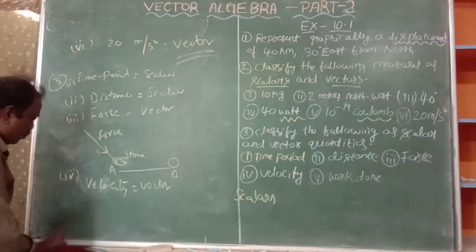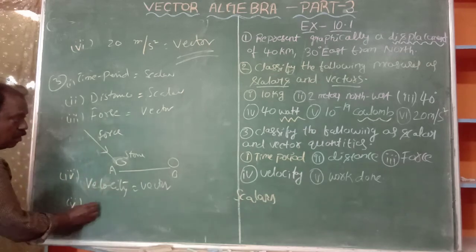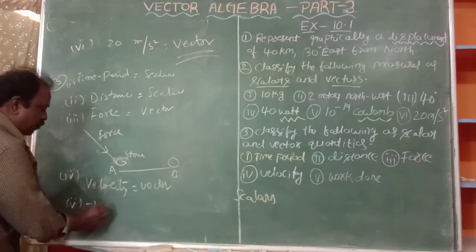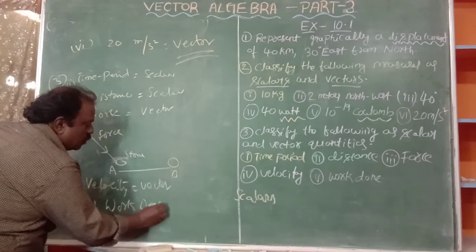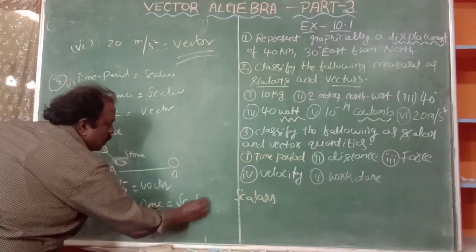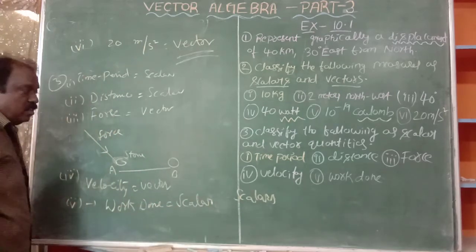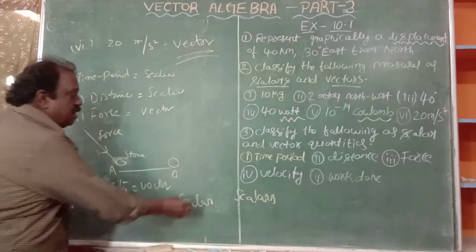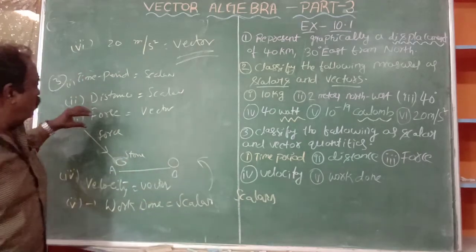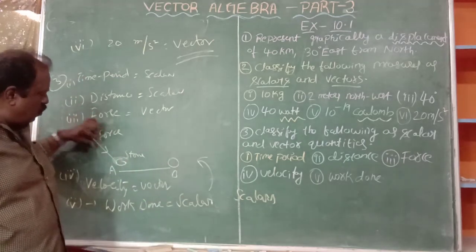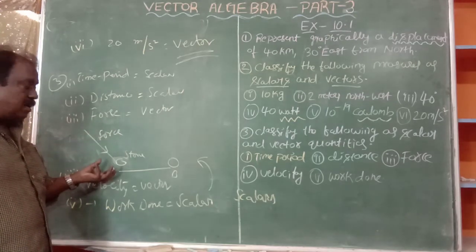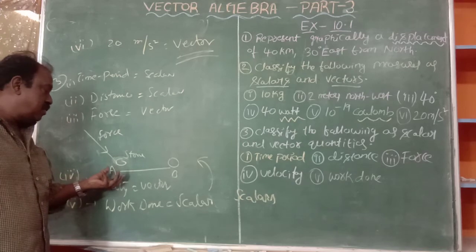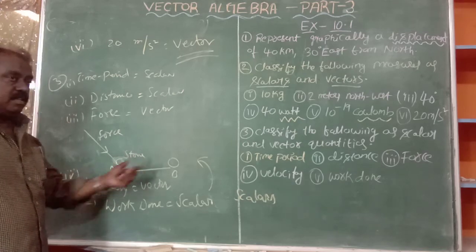The fifth one, last. Fifth one is work done. Work done is a scalar. In this example, I will make it clear. By using some force through a rod, a stone is lifted and displaced from one place to another place.